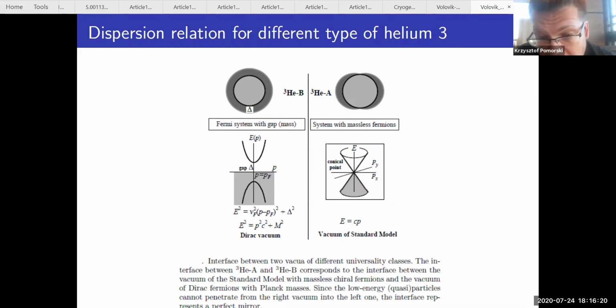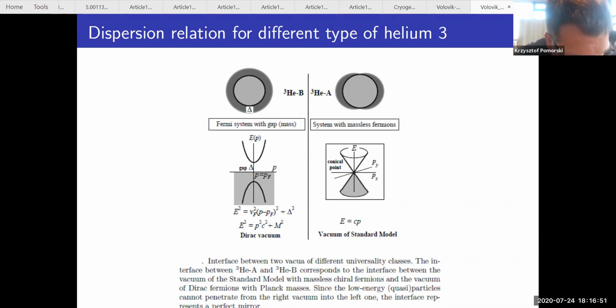The situation becomes much more complicated when we deal with two types of phases occurring in helium-3. So actually what we have is helium-3B that has an isotropic order parameter, a kind of rotation symmetry, right?